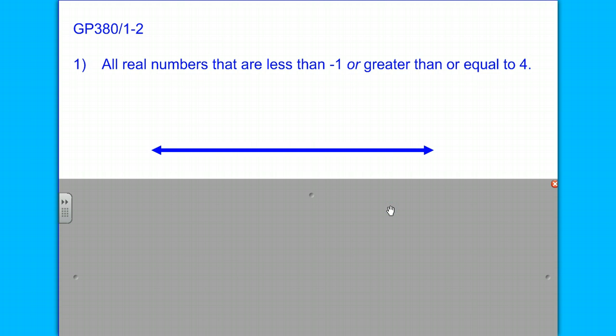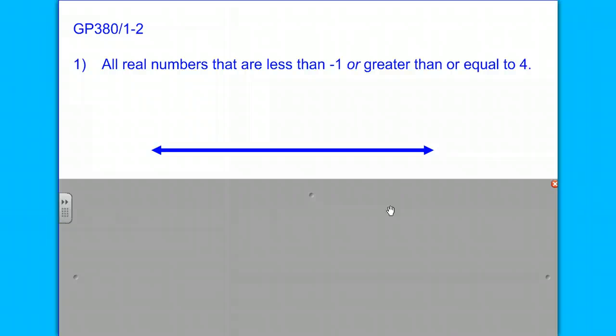Okay, so let's try again, and you need to write the statement down or you don't know what you're graphing, and it will be not very useful for you. So all real numbers that are less than -1 or greater than or equal to 4. So you can see the word or right there. So show me with your arms, is it going to be an intersection or a union? It's going to be a union.